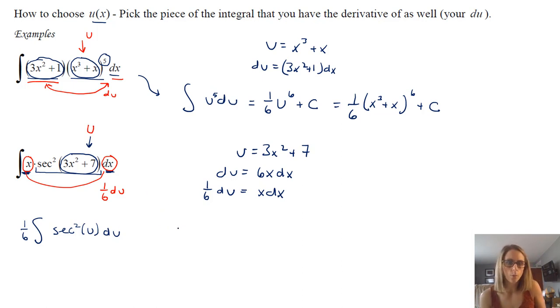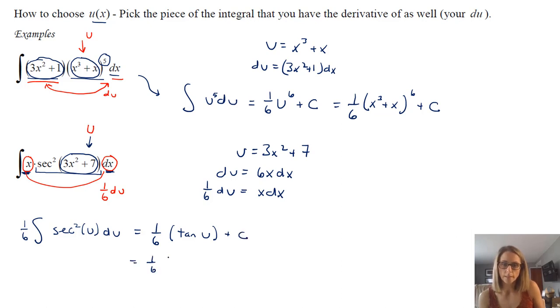So now we just have to integrate. So I'm going to have 1/6. My antiderivative of secant squared u is, as we've already learned, going to be tan of u, plus c.